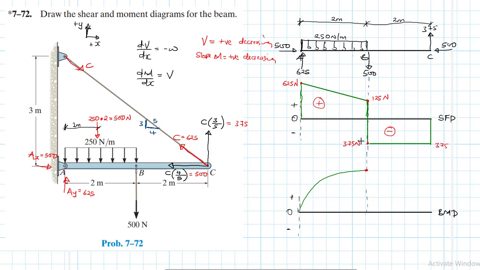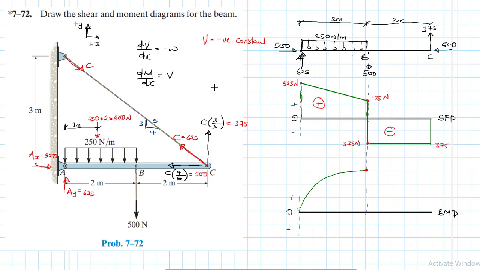Let's move to the interval BC. The interval BC, what do we have? In the interval BC, we have the following. The shear itself is negative, right? It's negative, and it has a constant value, right?